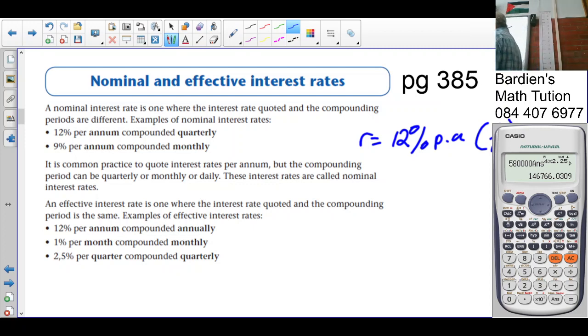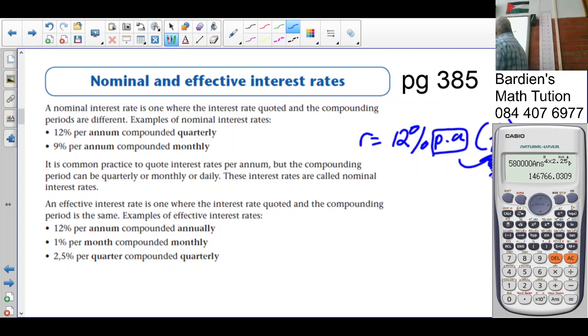This is per annum, so that's per year. How many times a year is it going to compound? 12 times interest will be added to the principal for that year. So is this the same? No. So what type of interest rate is this? This will be considered as either nominal or effective. Which one of the two?